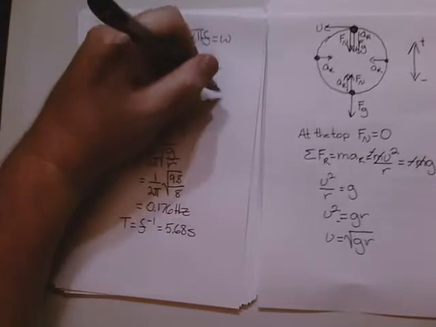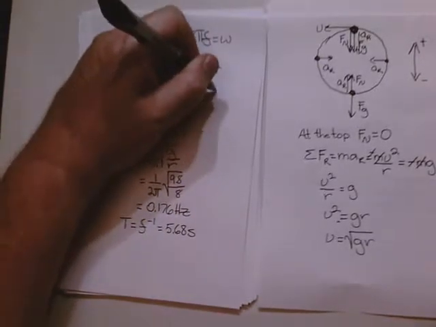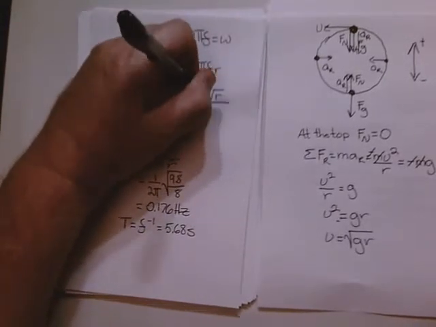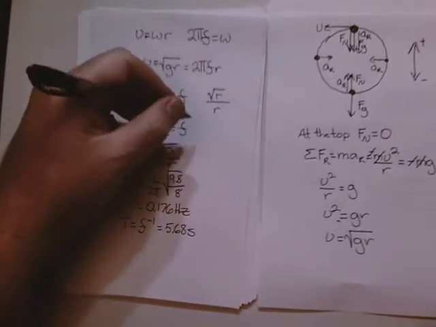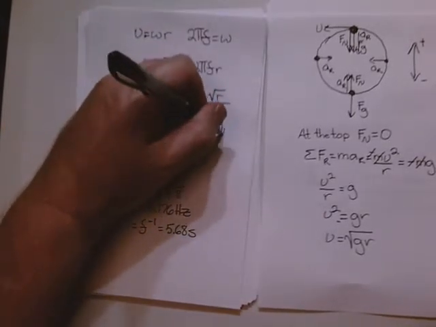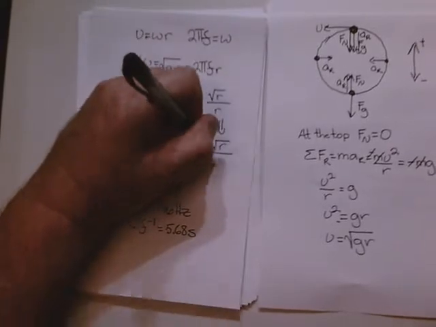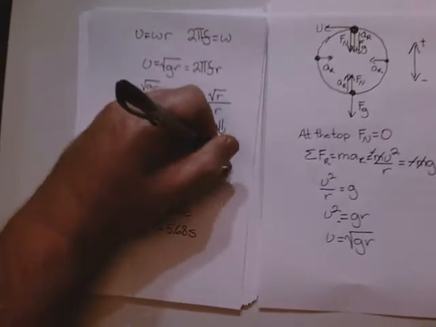So what I had initially is something akin to square root of r over r. Now this becomes square root of r over square root of r squared.